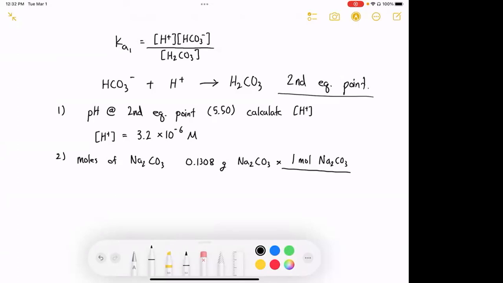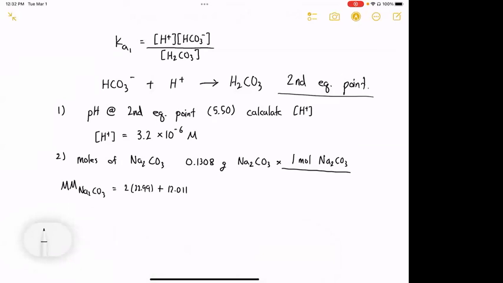So sodium carbonate is 2 sodium atoms. That's about 22.99 times 2 plus 12.011 plus 3 times 15.999.